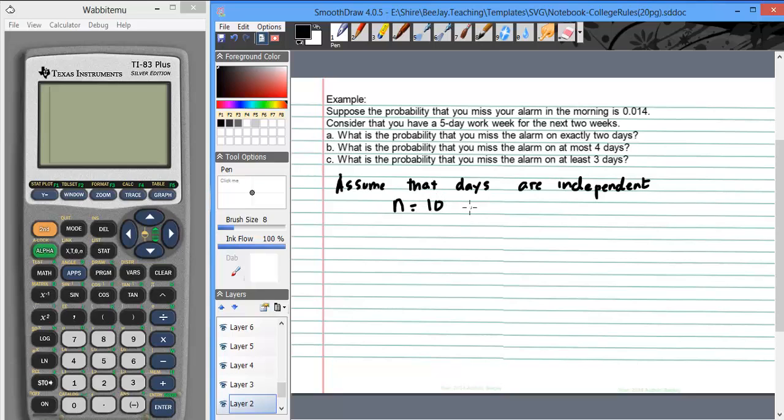So we have 10 work days in 2 weeks. We have 5-day work weeks, and these are nothing but the number of trials, and on each day you either miss your alarm or you don't miss your alarm.